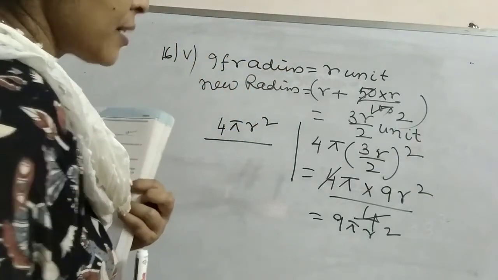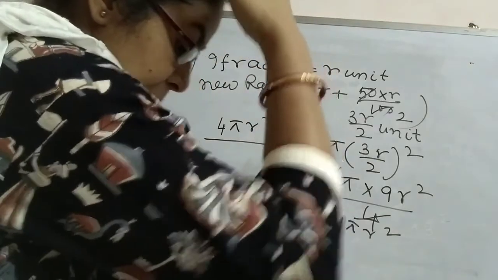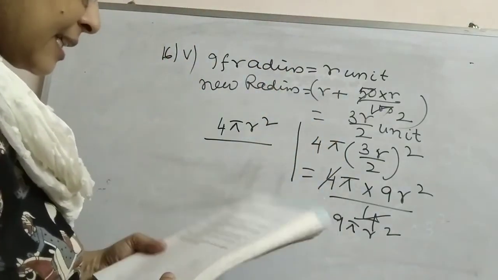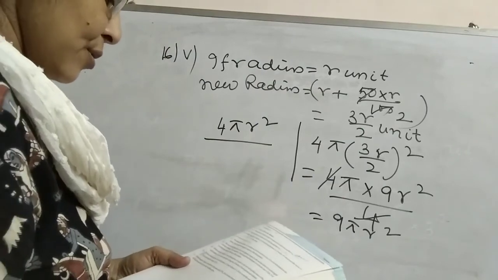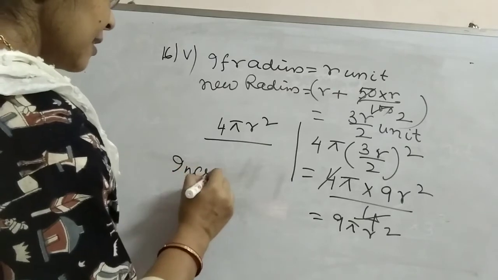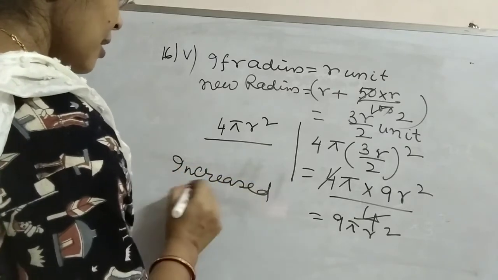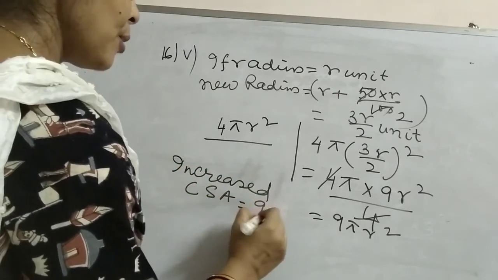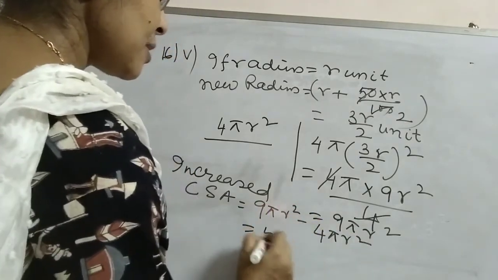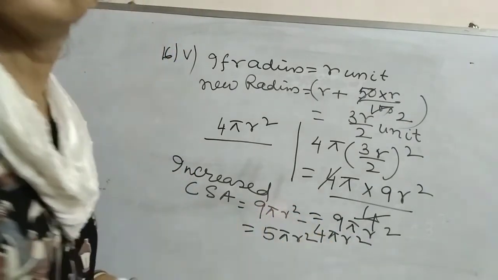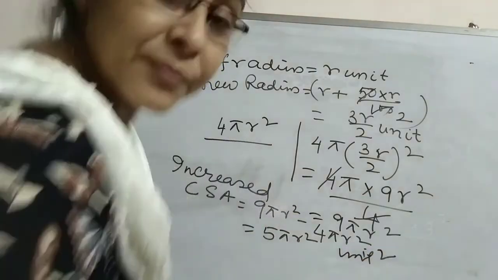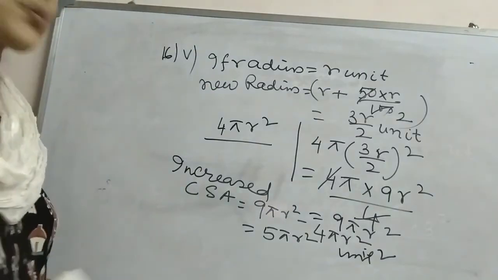Sorry, increased curved surface area equal to 9 pi r square minus 4 pi r square, that is 5 pi r square unit square.